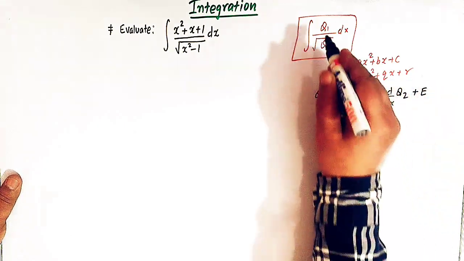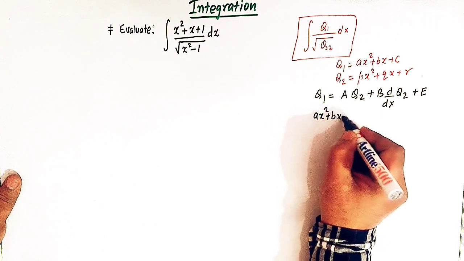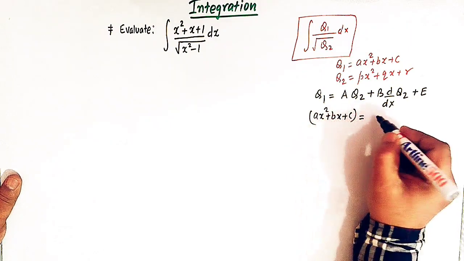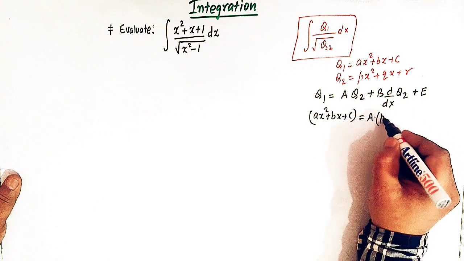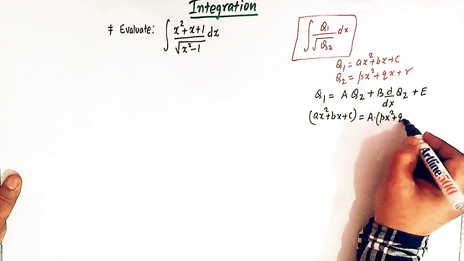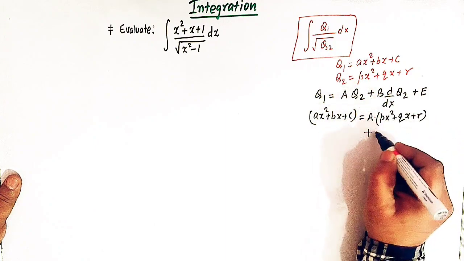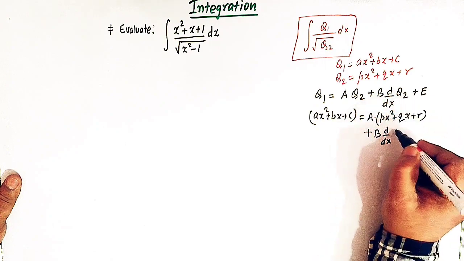So if we take q1 as ax square plus bx plus c, then ax square plus bx plus c can be written as a times, here q2 is px square plus qx plus r. Then we have here b times the derivative of q2.